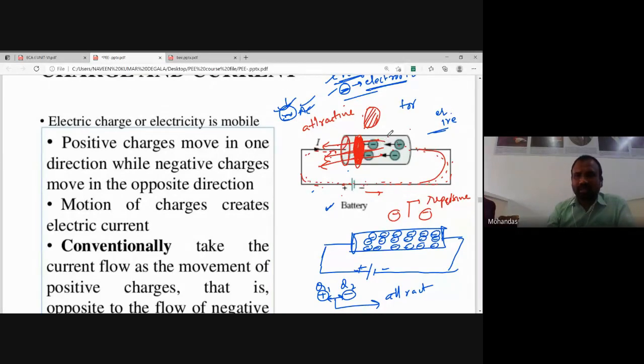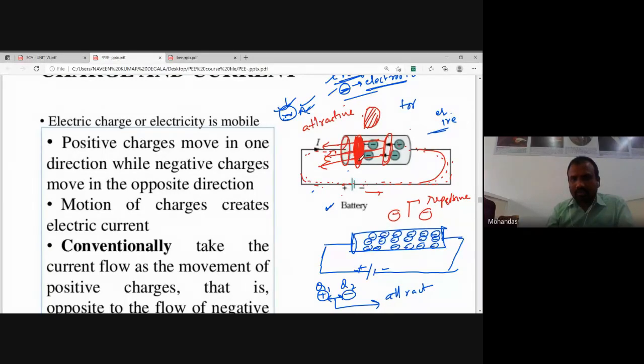And at this particular point also, some electrons are crossing. Now, if you take a particular time, the time rate of flow of electrons in a particular conductor through a cross-sectional area is known as a current.